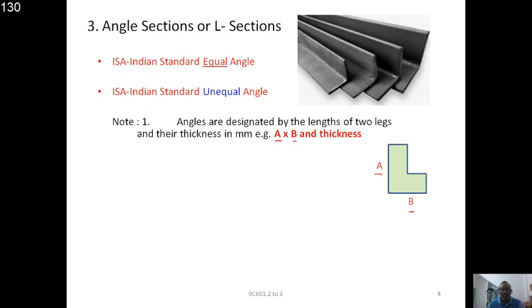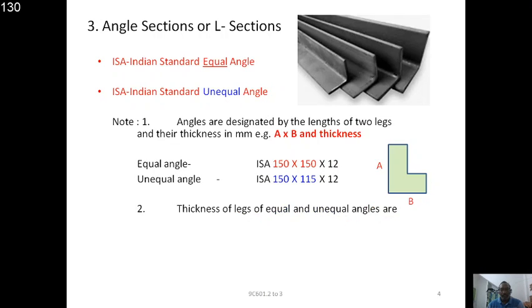This should be kept in your mind while solving the problems. So this is the example of the equal angle section and unequal angle sections, right?